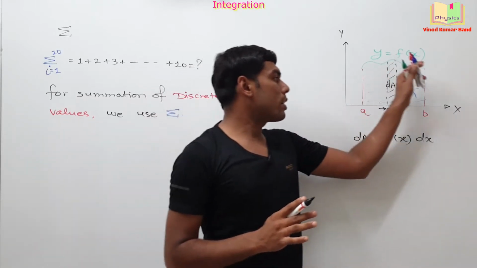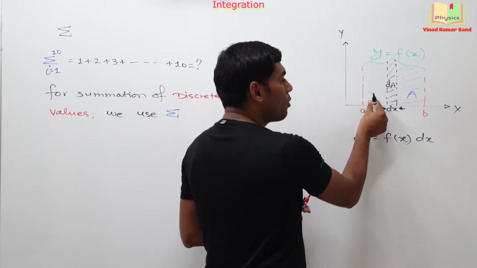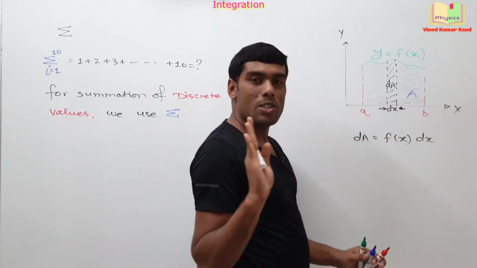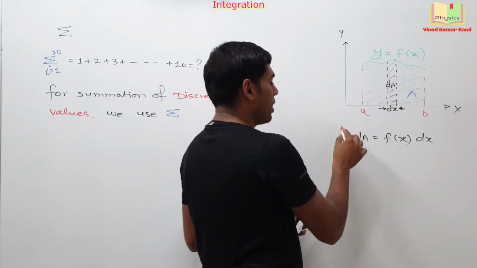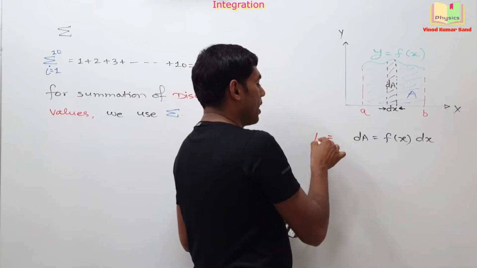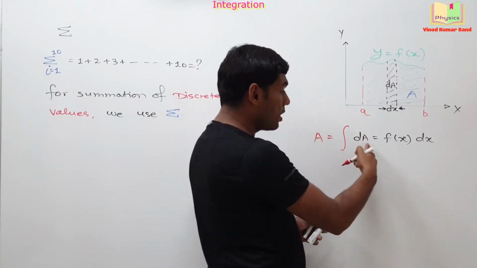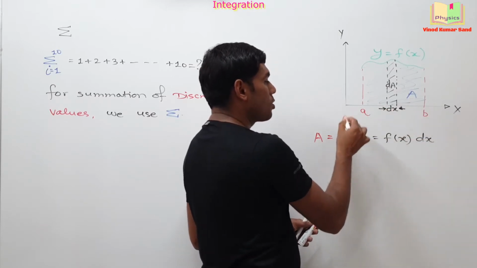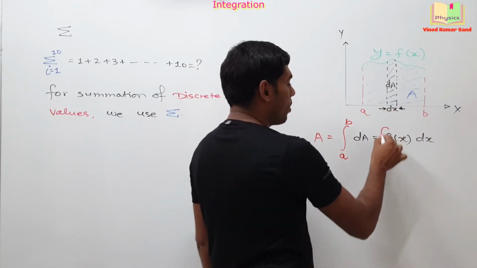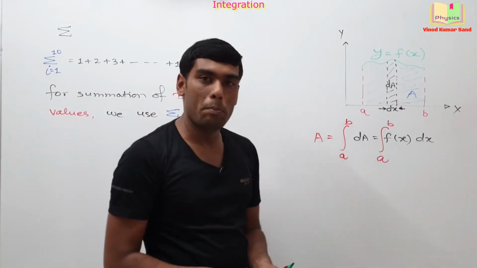But we wanted the complete area A, and for complete area we will be summing up all such elemental areas. And that will be shown here as A. So A will be basically integration dA. Lower limit is small a and upper limit is small b. And here also you should show it as from small a to small b.